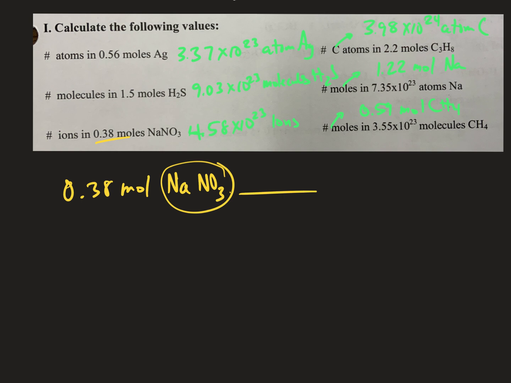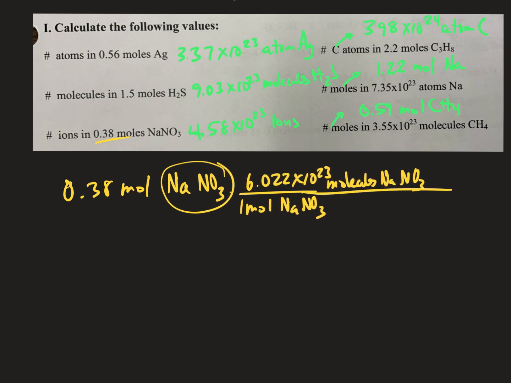We'll just stick with molecules, okay? So every 1 mole of sodium nitrate, we have how many molecules? 6.022 times 10 to the 23. Okay, so that goes away.